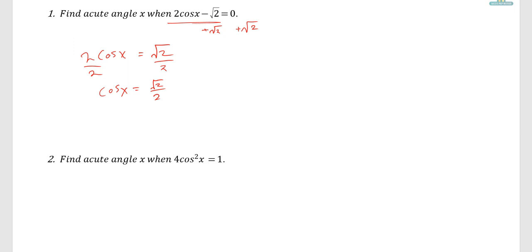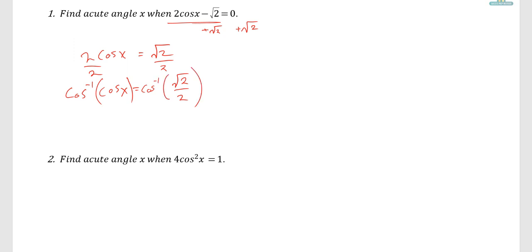And then, like we said, we can take the inverse cosine of both sides. And I'll show you how I want to write it, just to help make sure you understand the concept. So I have cosine x equals square root of 2 over 2. I'm just going to take the inverse cosine of both sides. Cosine inverse, cosine inverse. And this is doable by calculator.